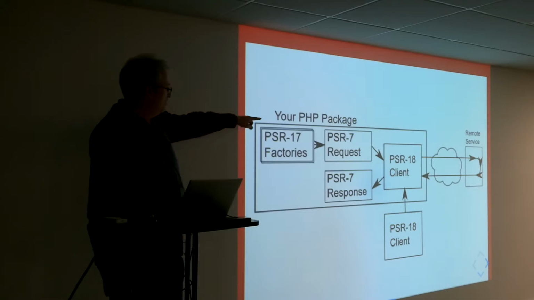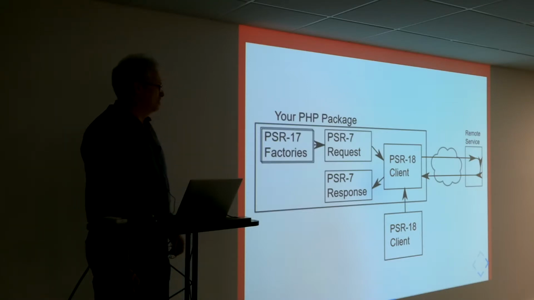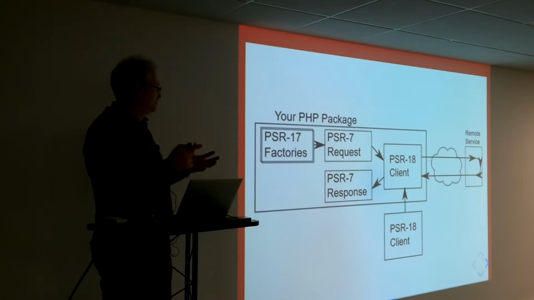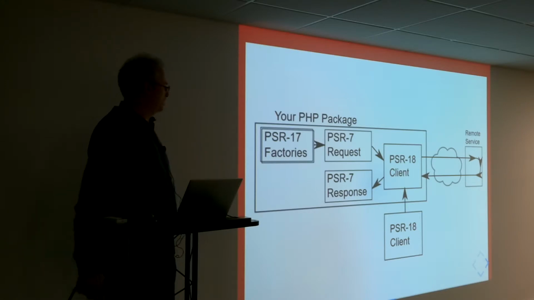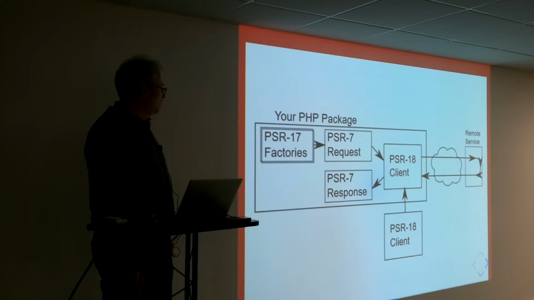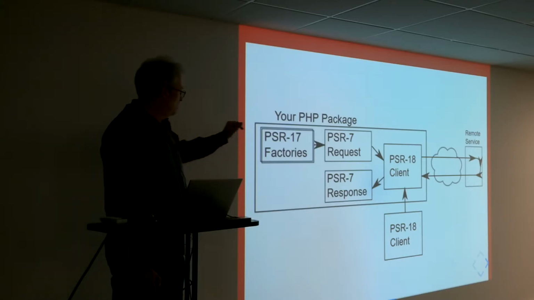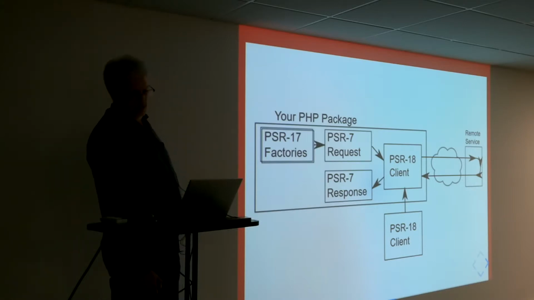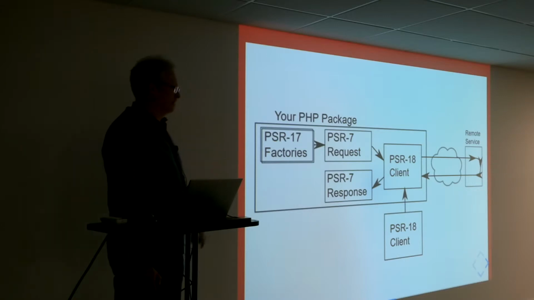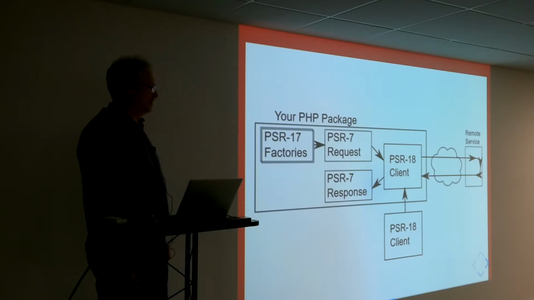Then also want to create PSR-7 messages. So the message is basically an object definition of an HTTP request. I'll go into a little bit more of that in a bit, and you'd use a factory. PSR-17 is a standard for a factory to be able to give you those requests.